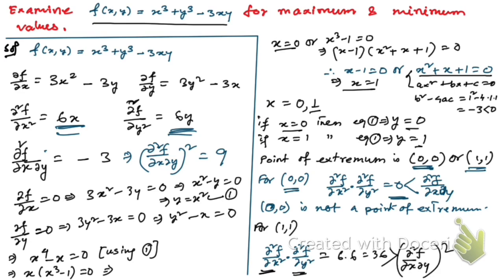So that's why (1, 1) is the point of extremum, but we don't yet know whether it is minimum or maximum, so we're going to determine that. Let me go to the next slide.